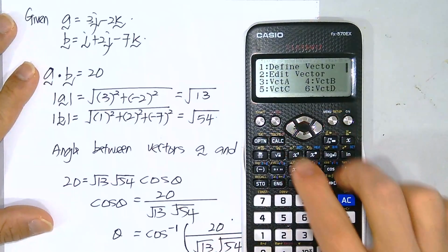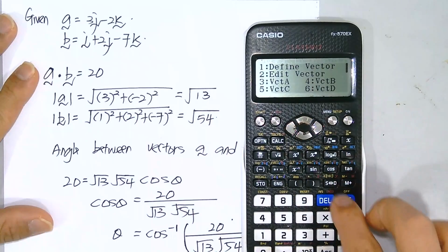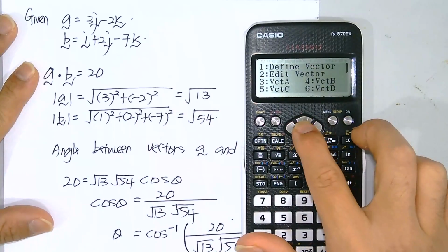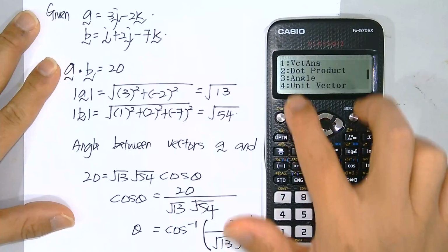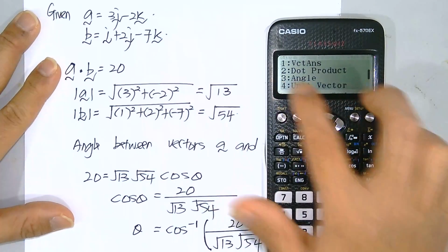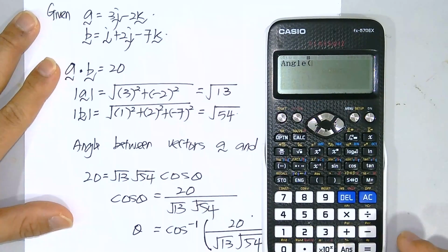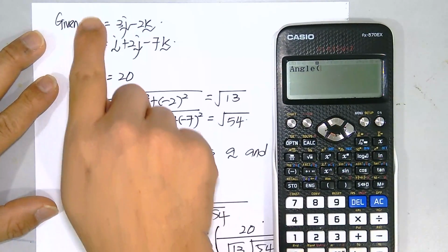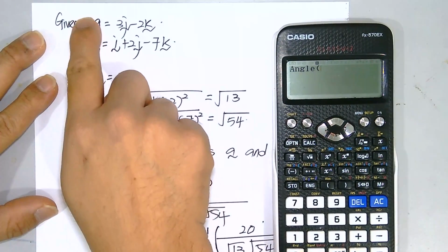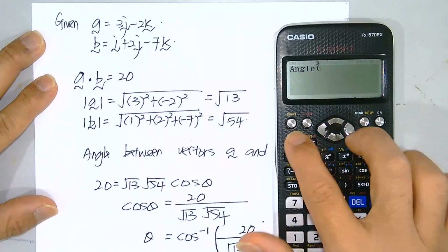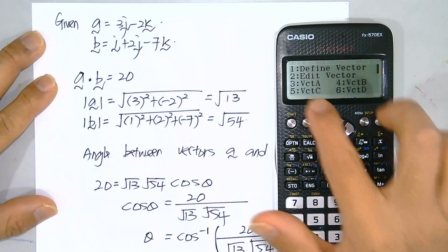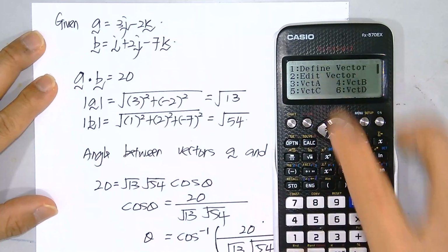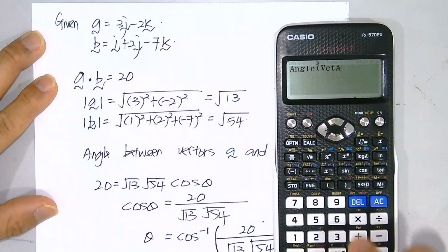Simple. So press the button option again. Going down, can you see there is an angle, right? Angle. So 3, angle between two vectors, vector A and vector B. So simple, press option, vector A, between vector A and vector B. So 3.